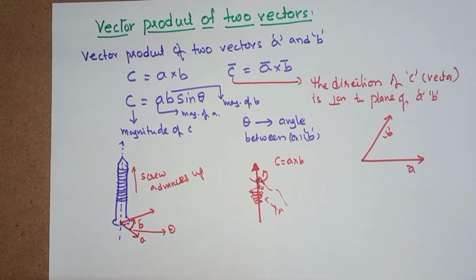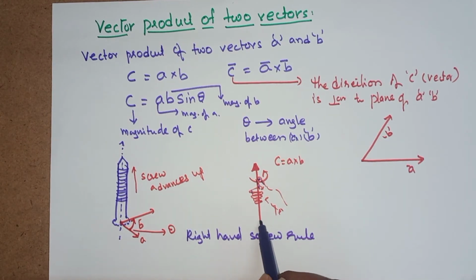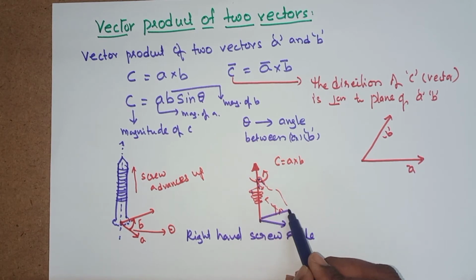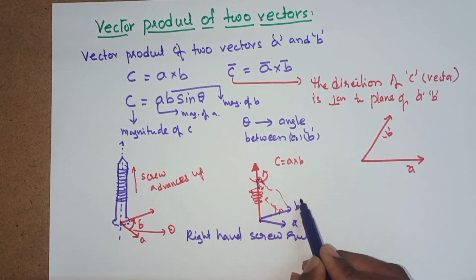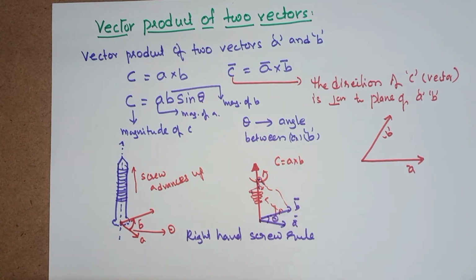The same can be explained with the right hand screw rule. This is vector A and this is vector B, the angle is theta.